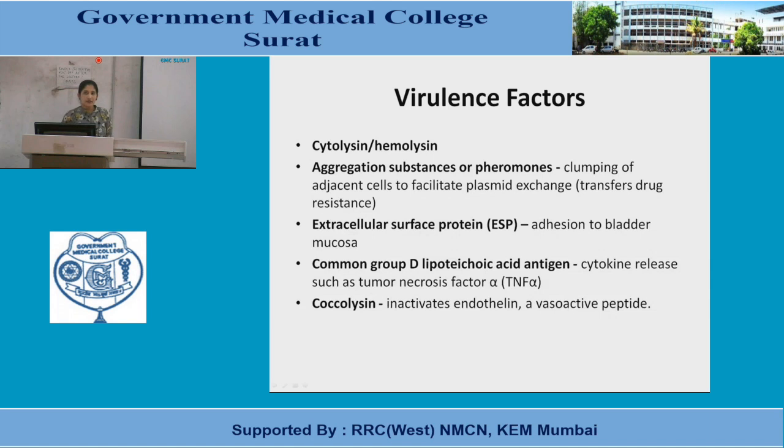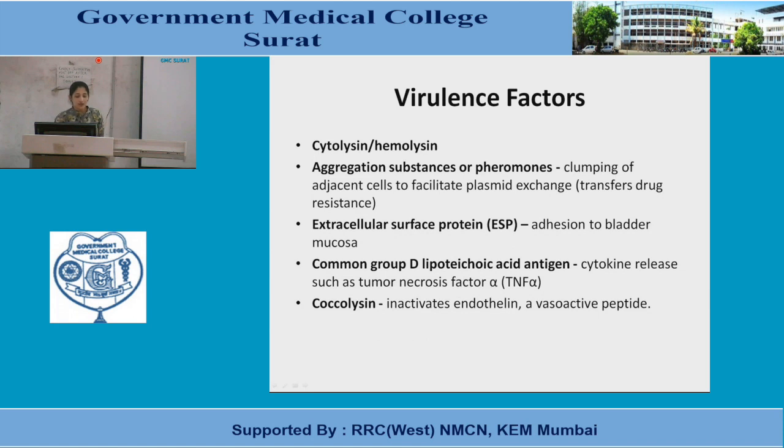The virulence factors of enterococci are cytolysin and hemolysin, similar to Streptococcus pyogenes. Then aggregation substance or pheromones, causing clumping of adjacent cells to facilitate plasmid exchange, so drug resistance is transferred by this mechanism via plasmid.